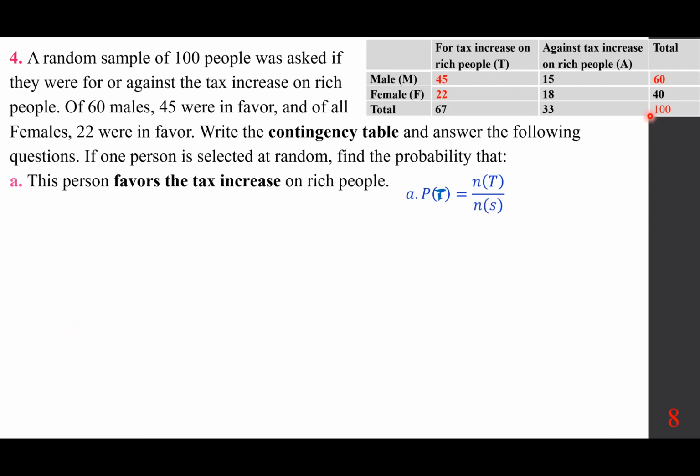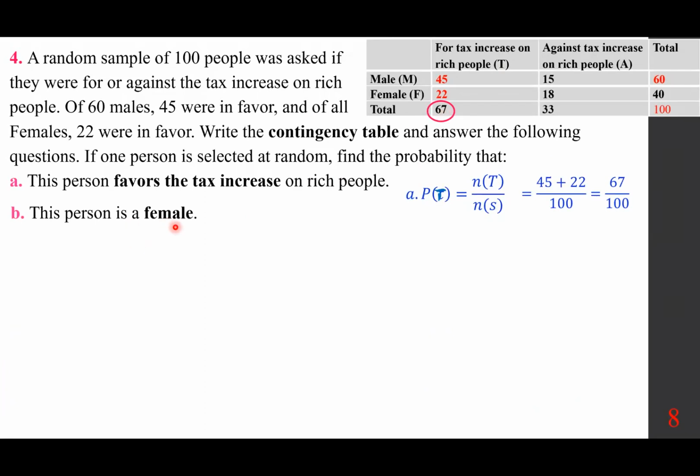So the total size is 100. I highly recommend when you deal with probability, first understand what is the sample space of interest. In this case, you're dealing with the whole table and it's 100. And N of T, you look for T and you have 67. So this is what you have, 67.